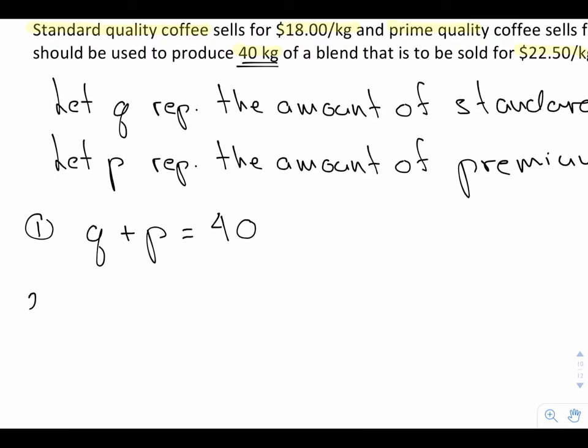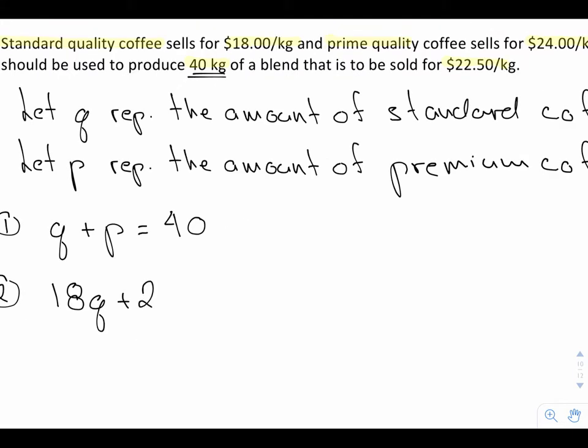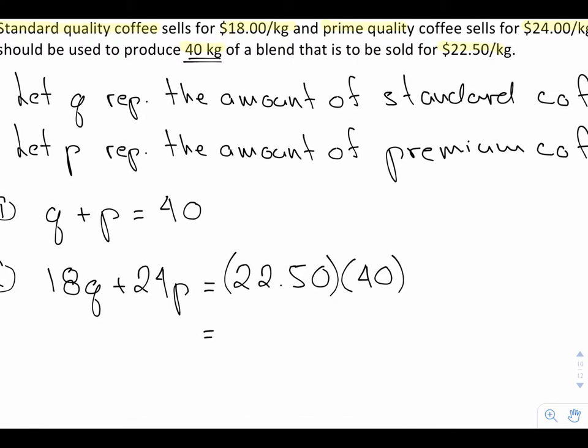And in terms of the cost, if I multiply my Q by its cost per kilo and add the cost of P per kilo times its amount, I'm going to get the cost per kilo of the blend I want times the amount I want, which in this case, 22.50 times 40 gives me 900.